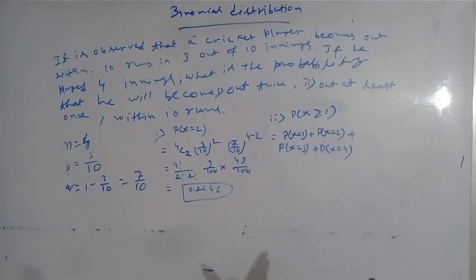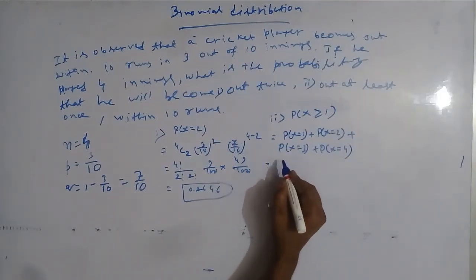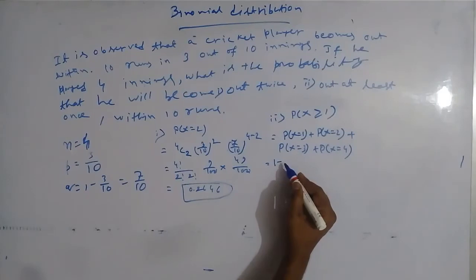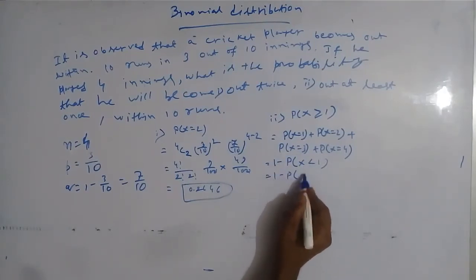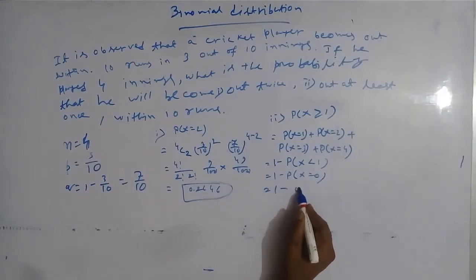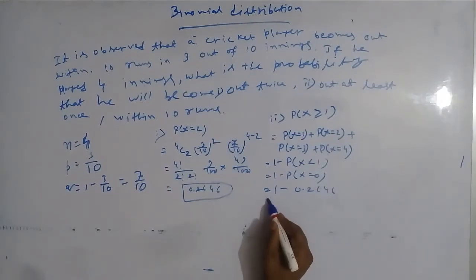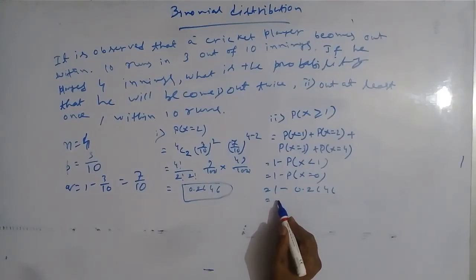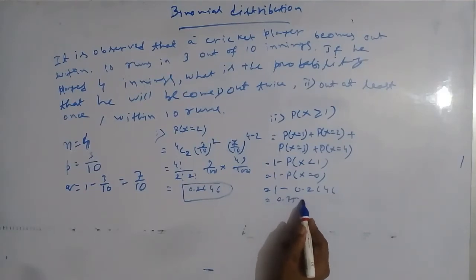So you can find these 4 probabilities and add them, and alternatively you can also find it this way: 1 minus probability of x less than 1, that is 1 minus probability of x equal to 0. So probability of x equal to 0 is already found out, 0.2646. So it will be 1 minus 0.2646 will be 0.7599.